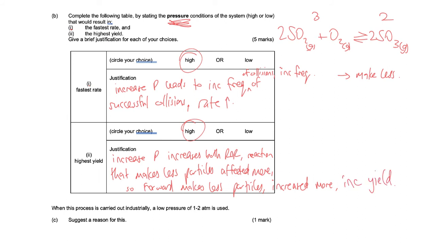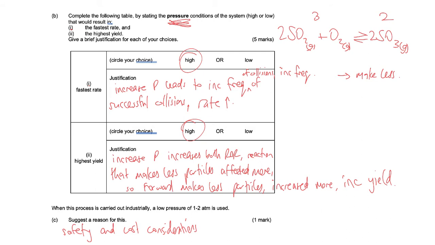Okay. When actually done, this is done at 1 to 2 atmospheres. Why? Always remember that if you have high and high, there's no compromise between pressure for yield and rate, but you do have to have safety and cost considerations.